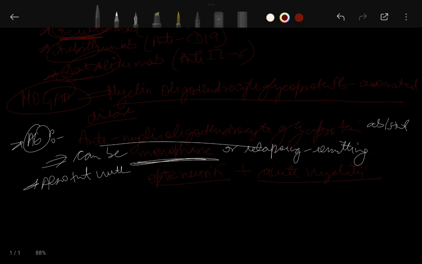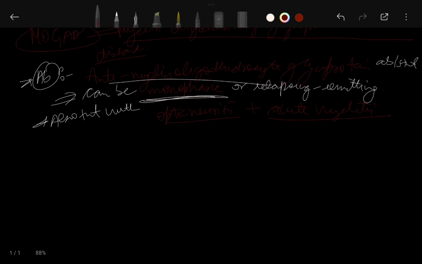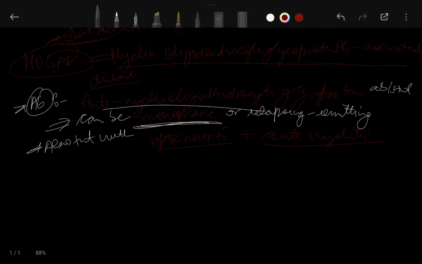Okay, so myelin oligodendrocyte glycoprotein antibody associated disease: the anti-MOG antibody is present, it can be monophasic or relapsing remitting, and it is also present with optic neuritis and acute myelitis.